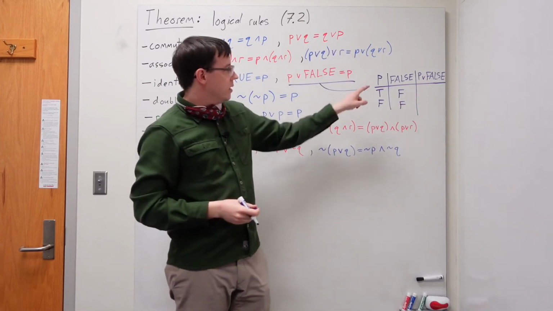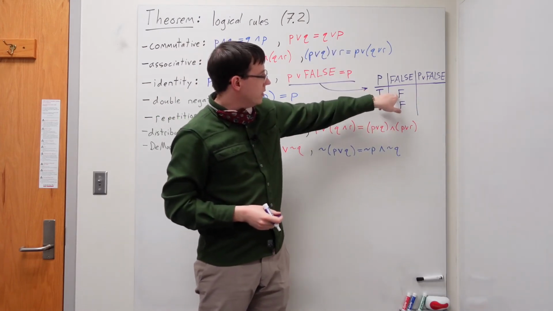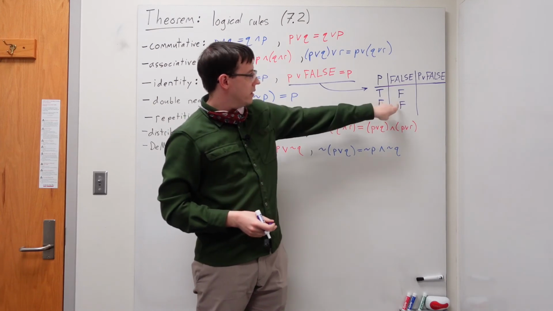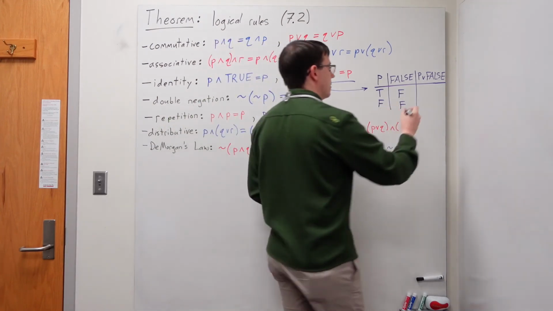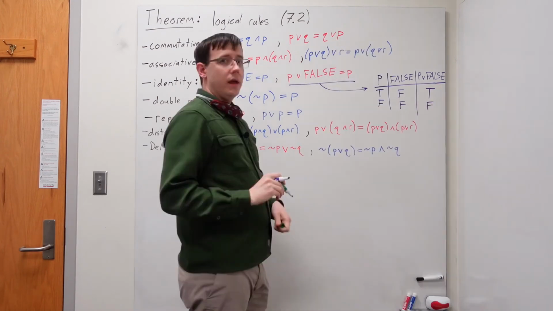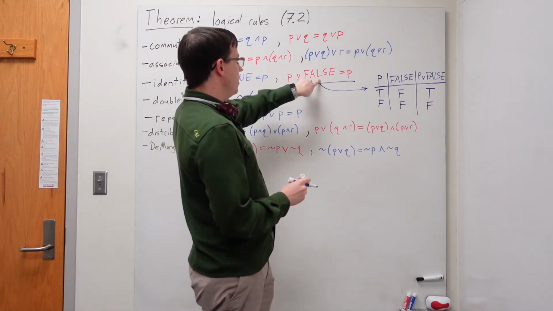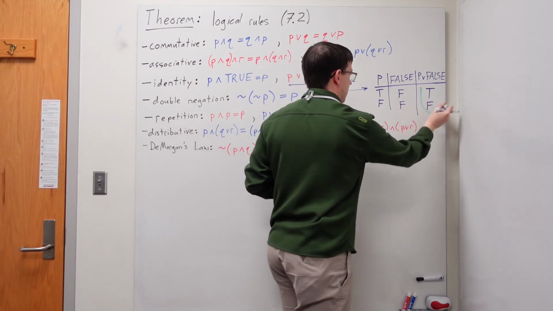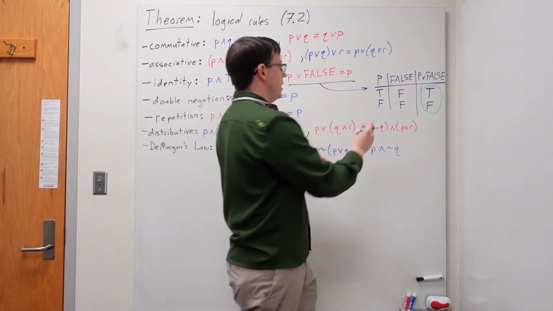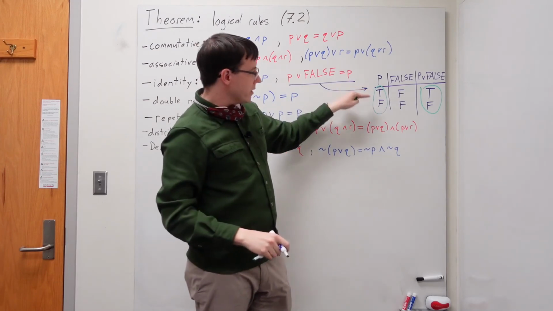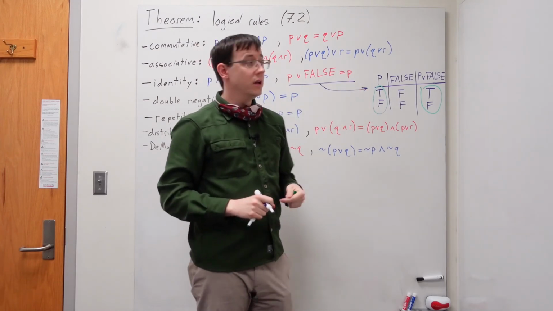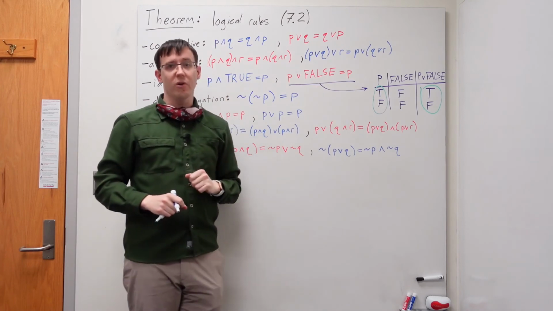And so now the OR of these two is true, and for both being false gives us false. And comparing P or false against P shows us that they are identical in every row of the truth table, so these two expressions are logically equivalent.